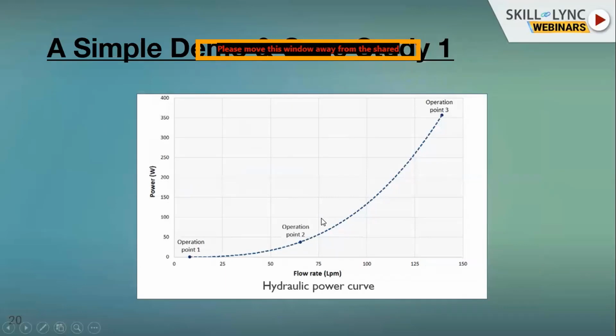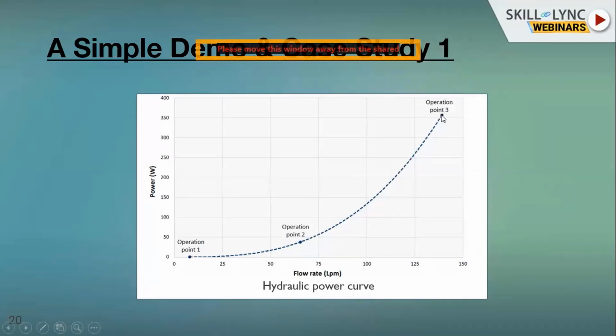That is, I am getting it through the simulation approach or the numerical approach. By the analytical method I am calculating the power. The author has calculated the power, and got at operation point 1 0.073 watts, at point 2 38 watts, and at point 3 around 357 watts.